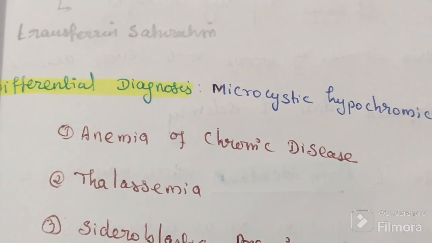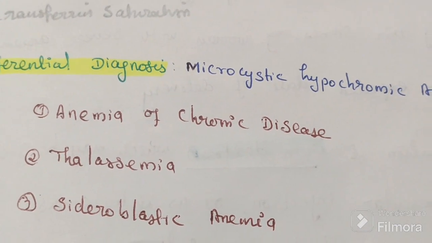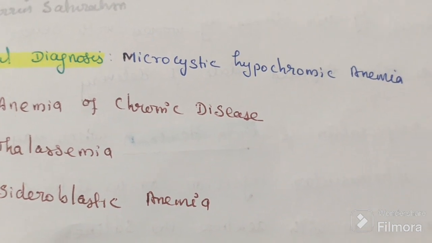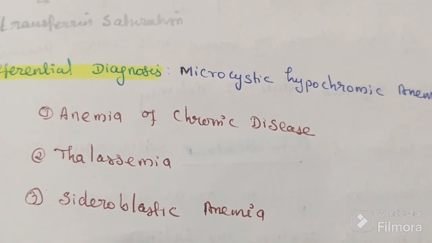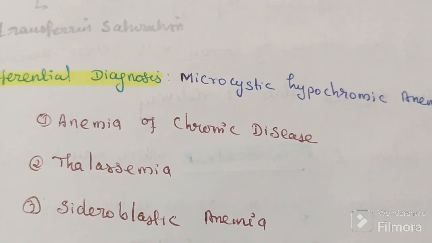Differential diagnosis: microcytic hypochromic anemias, anemia of chronic disease, thalassemia, sideroblastic anemia.